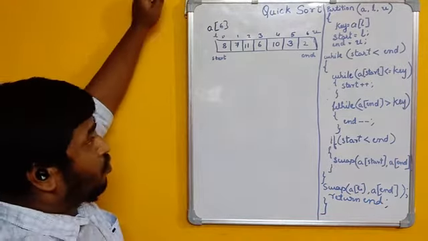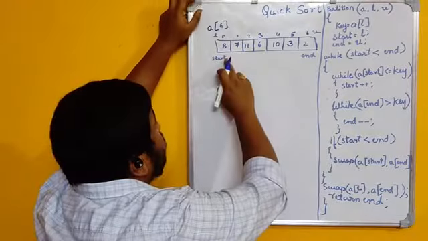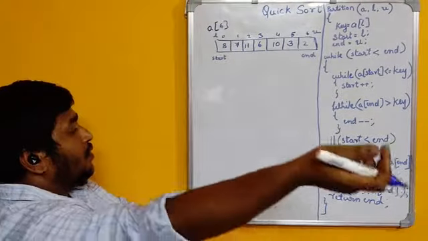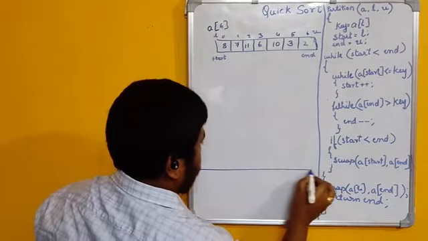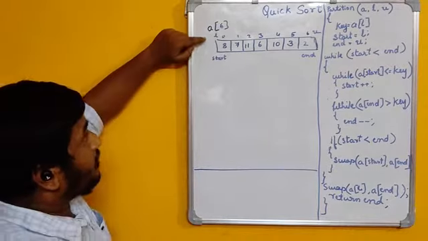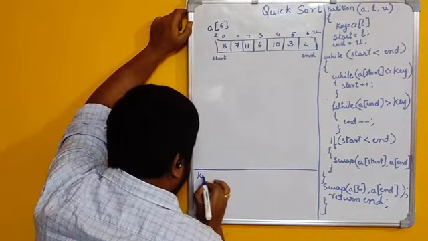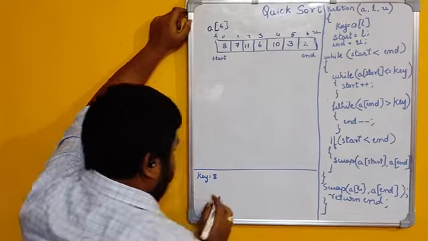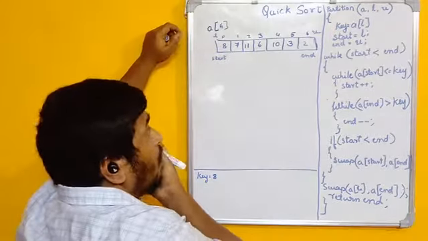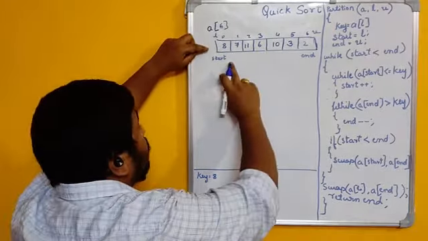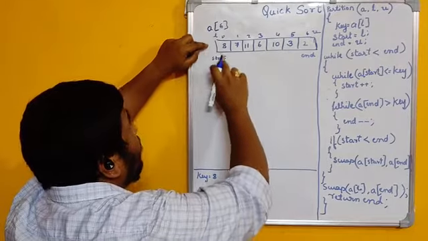See there, so we'll see now. Now 8 is our key element. So what we will do? Now key is 8. We will compare.